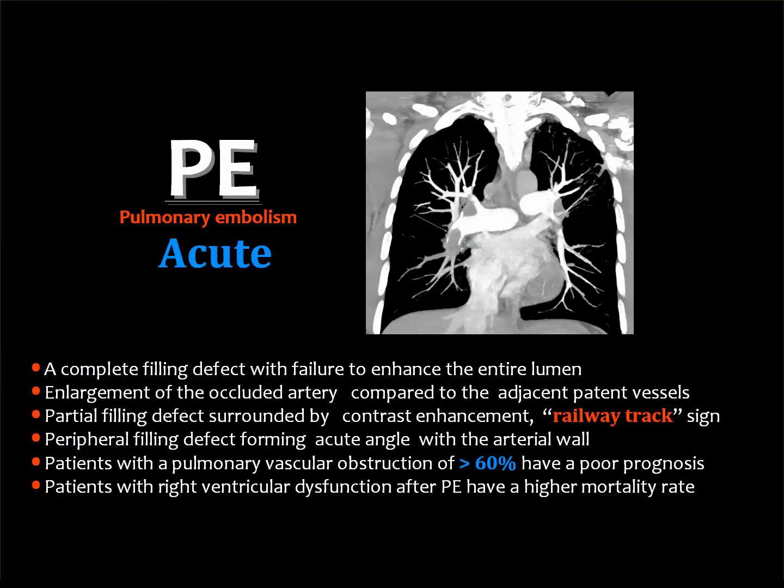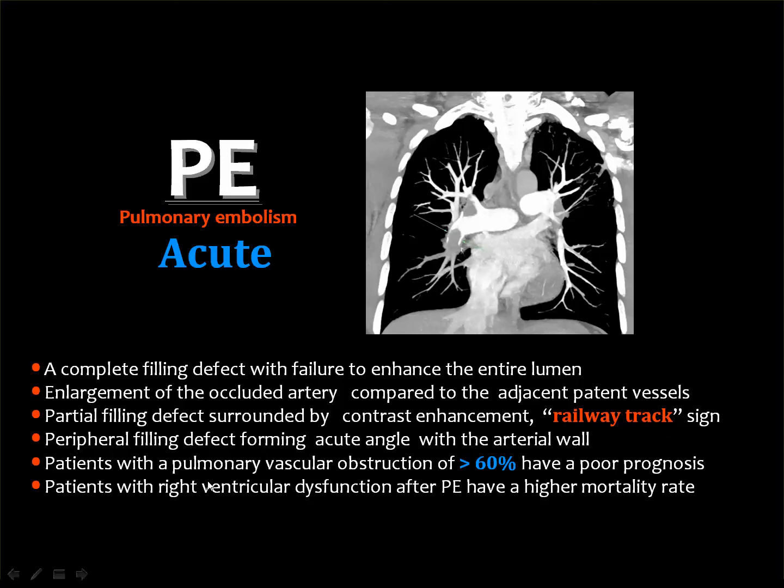Now we come to the major important filling defect, which represents the pulmonary emboli. And you know that we have two types of emboli, the acute and the chronic type. In the acute type, you get the thrombus, which may totally occlude the vessel or may induce a partial filling defect with contrast on both sides of the embolus, which is known as the railway track sign.